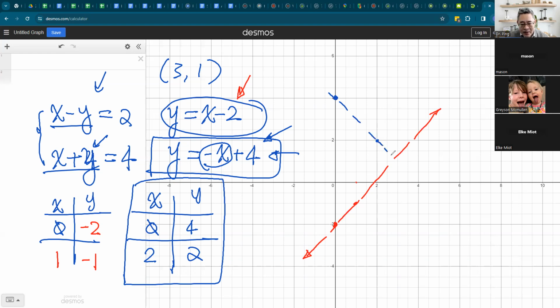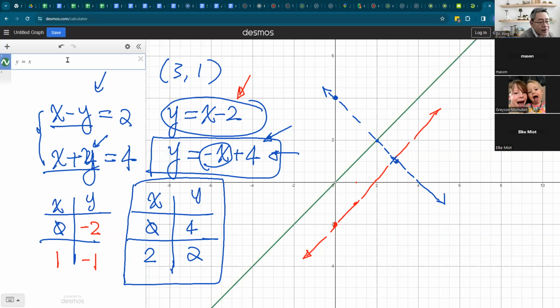And we're going to find the intercept. Okay. So, of course, when I use my hand, it can be off. But it's close to this point, which is 3 and 1. Okay, let's check. And first one, we go y equals x minus 2.